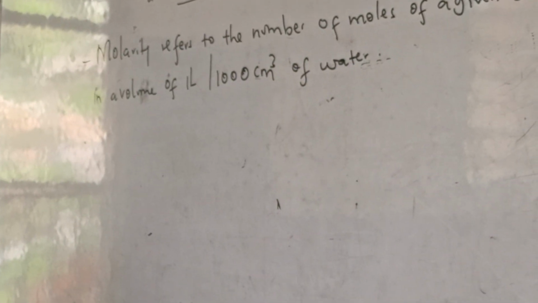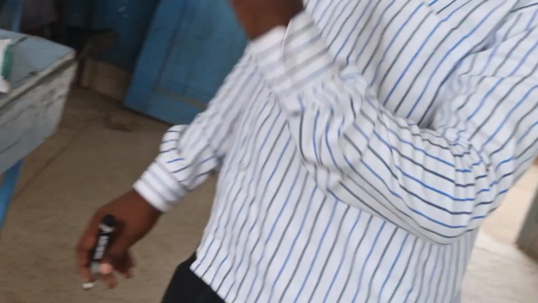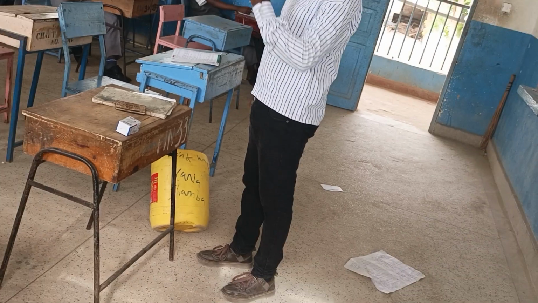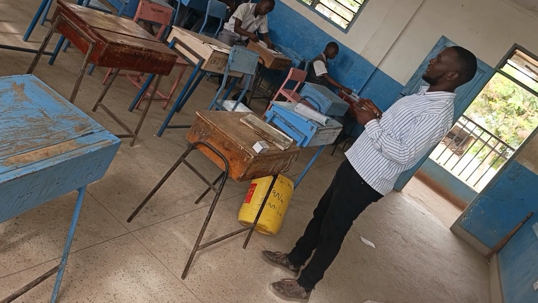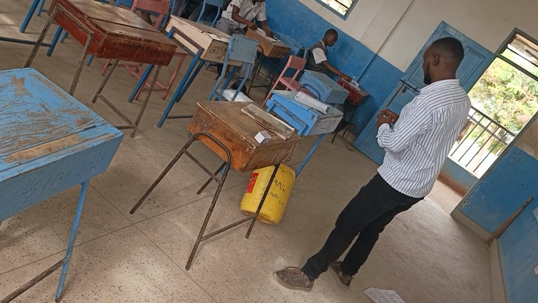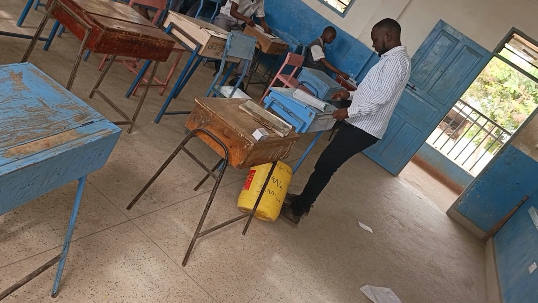The number of moles of a substance in 1 liter of water or in 1,000 cubic centimeters of water. Example.